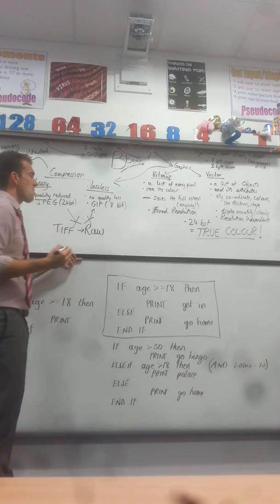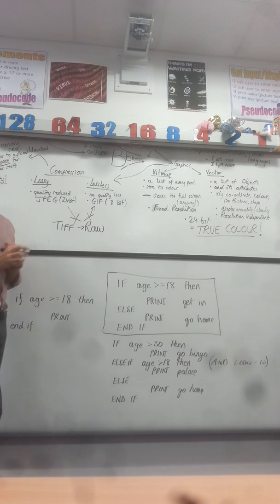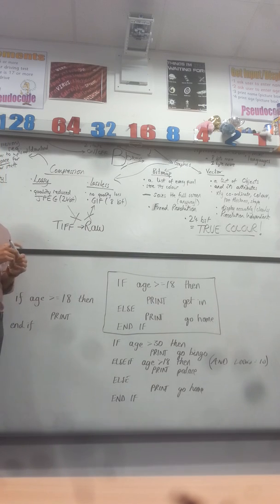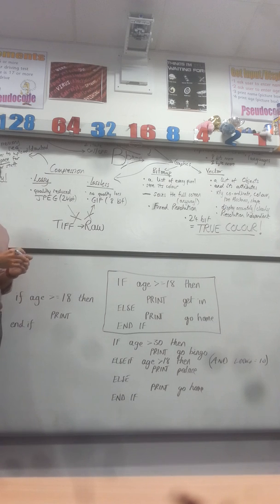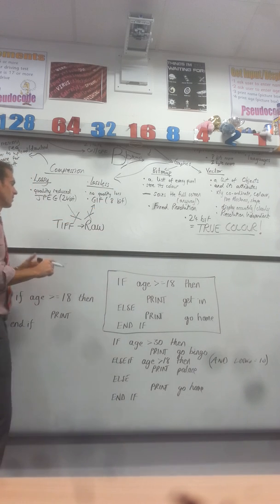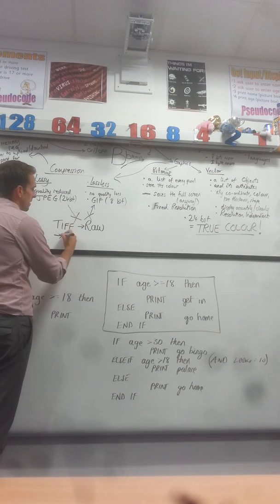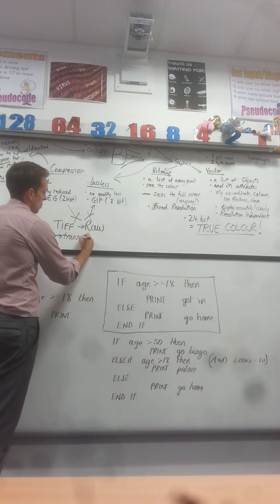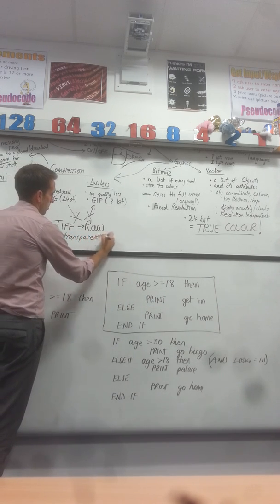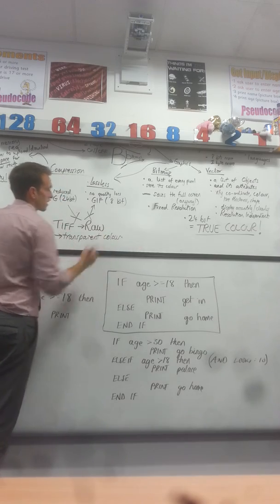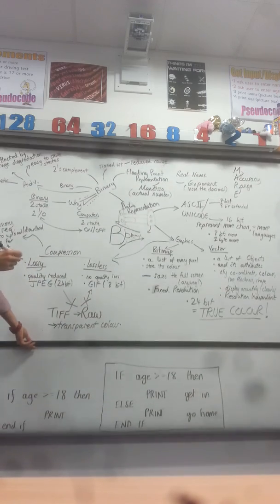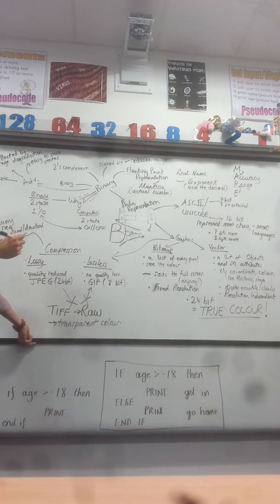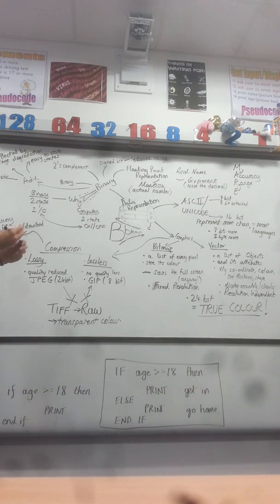There's one extra wee piece of information you need to know about this raw TIFF. Yes, it allows a transparent colour. So you can store a transparent colour when it comes to TIFF file formats.